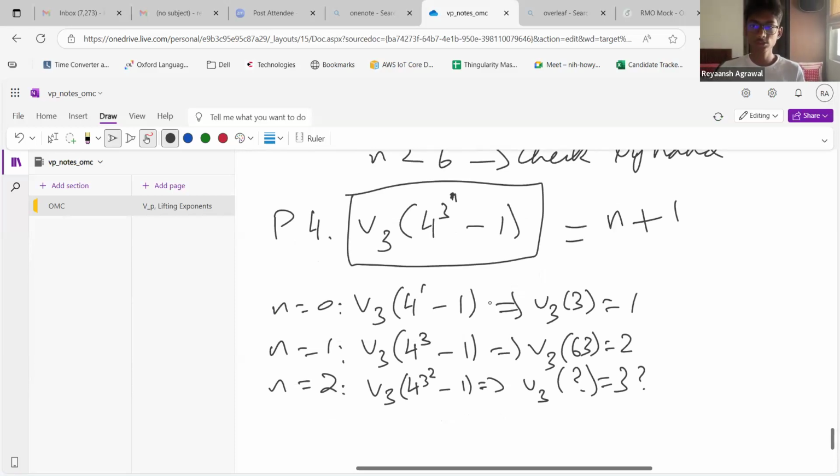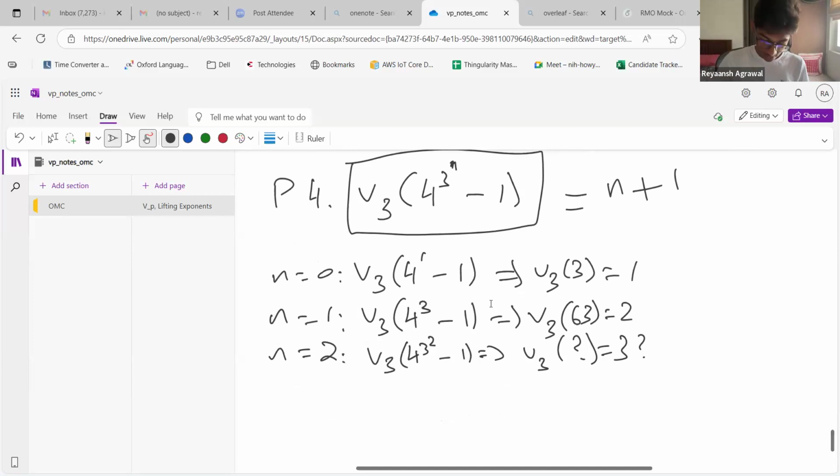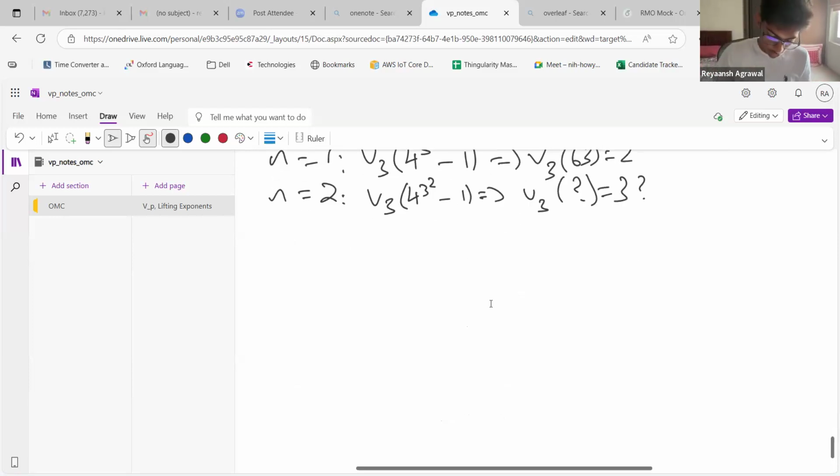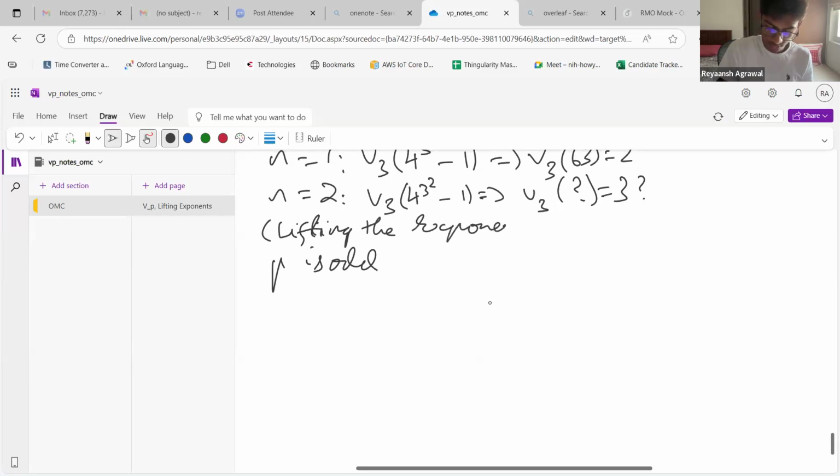For that, first of all, let me tell you a theorem, because we don't have much time to show this. I will tell you a theorem, and we'll prove that instead, and then we can show this afterwards. If p is odd, this is known as lifting the exponent.